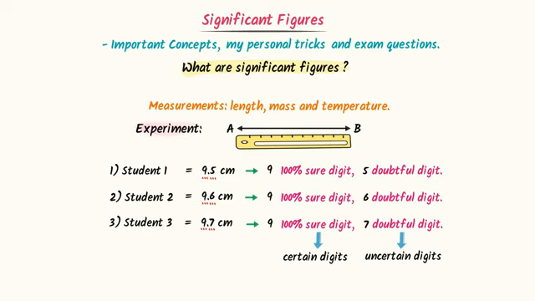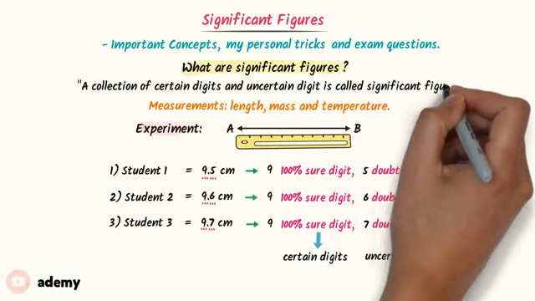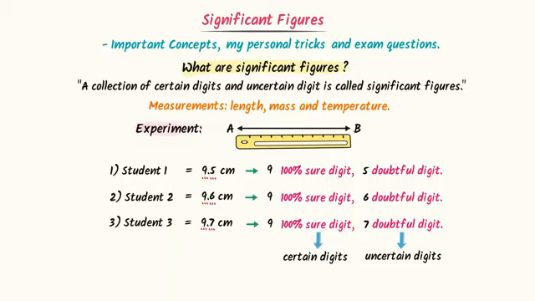So from this example, we define significant figures as a collection of certain digits and uncertain digit. So in simple language, we learn that significant figures are certain digits, 100% sure digits, and uncertain digit are doubtful digit.